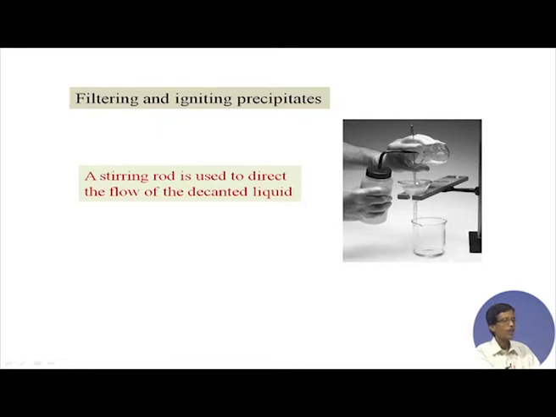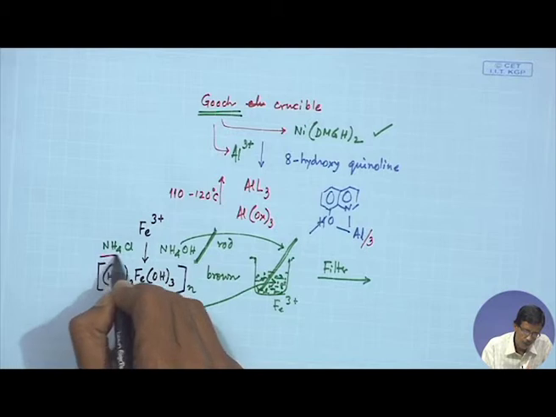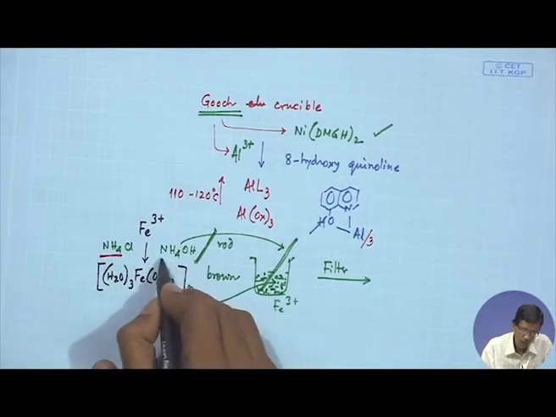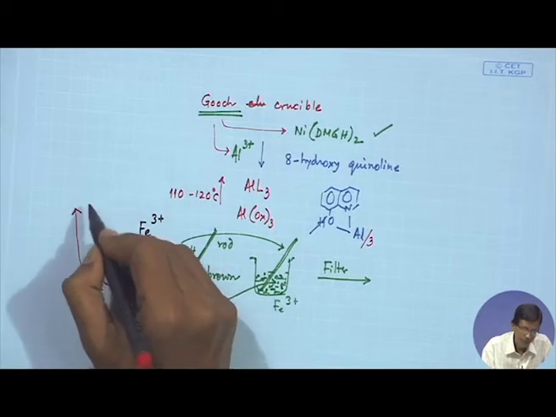By the side of this rod your water will come and again fall on this filter paper, such that this water is also washing your ferric hydroxide, because in this ferric hydroxide, as we have just seen, whatever we were using, your ammonium ion is there. So, it can have some trapped material.